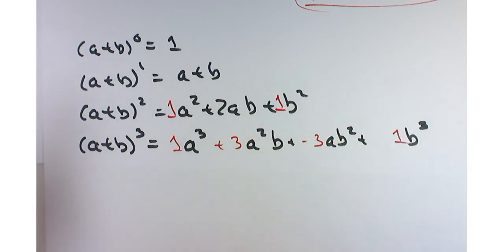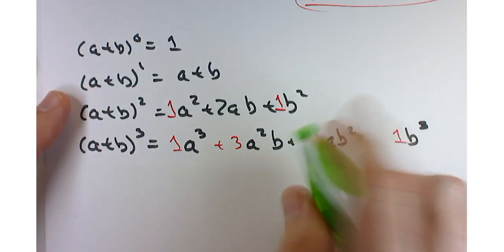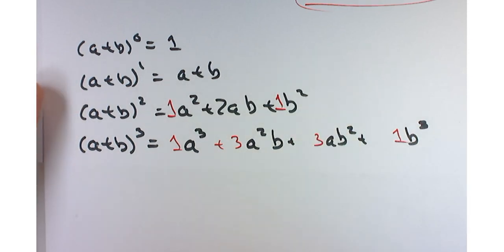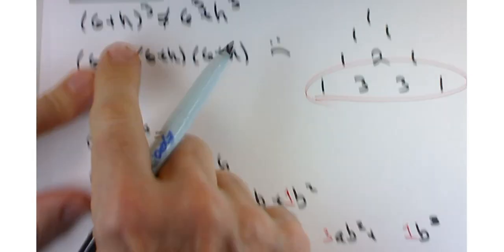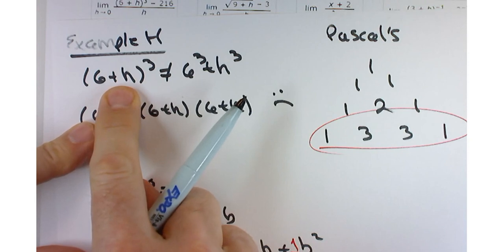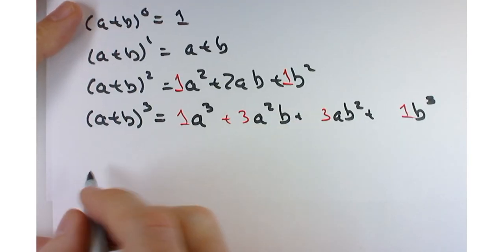Obviously you don't need to write the 1s, but I'll just put them there to make clear what the pattern is. All of that lengthy explanation is just to help you expand polynomials like this, or binomials, I should say. So let's do that.